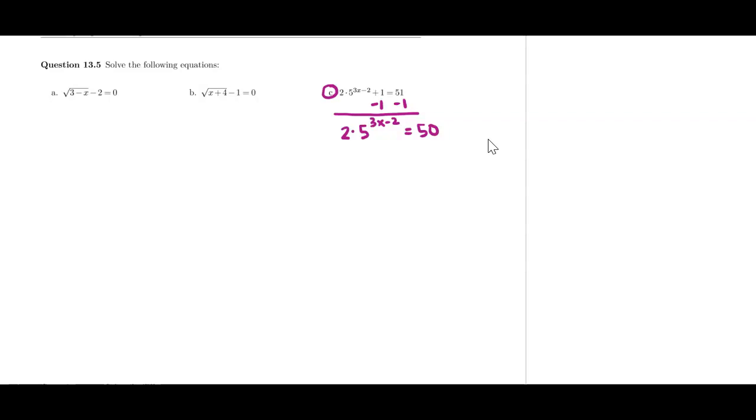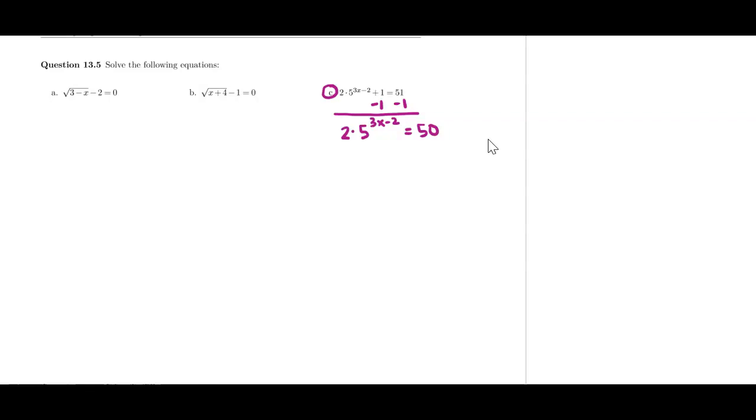So notice that we can't do 2 times 5 because we don't really have 2 times 5. We have 2 times 5 to some power, and we don't know what that exponent is yet. So remember, with order of operations, we'd have to do the exponent before we could do multiplication. The problem here is we can't do the exponent because we don't know what x is.